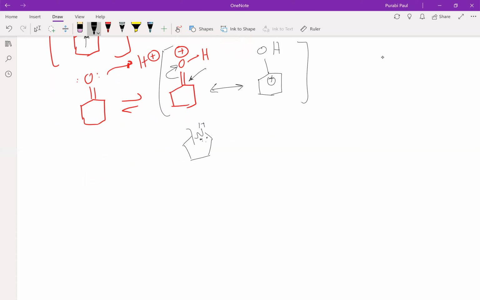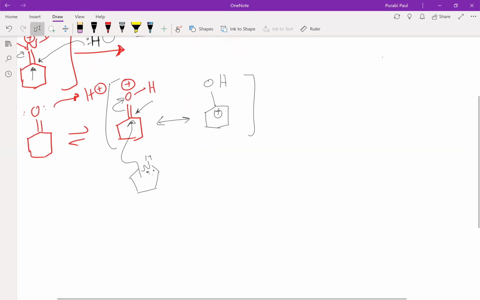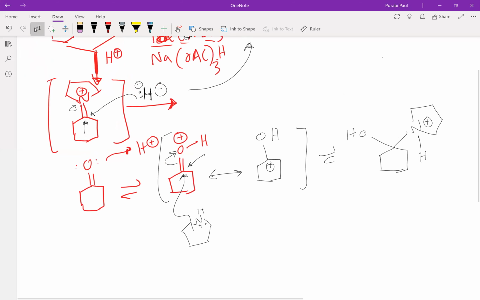The nitrogen is a nucleophile, and it attacks. That gives rise to this tetrahedral intermediate, which looks like this.